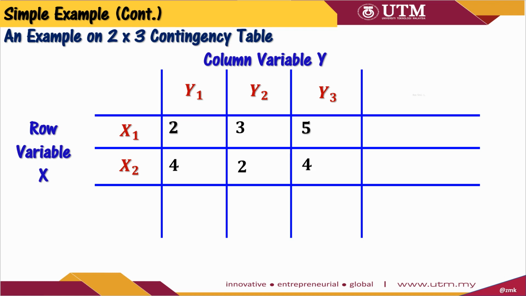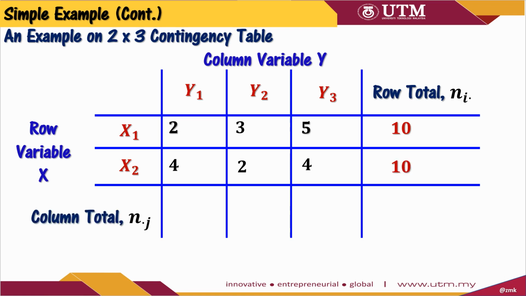The row totals denoted by ni dot can be obtained by summing up the Oij values for the ith row across all j columns. Therefore, n1 dot is the sum of 2, 3, and 5, which is 10, and n2 dot is the sum of all observed values in the second row, which is also 10.